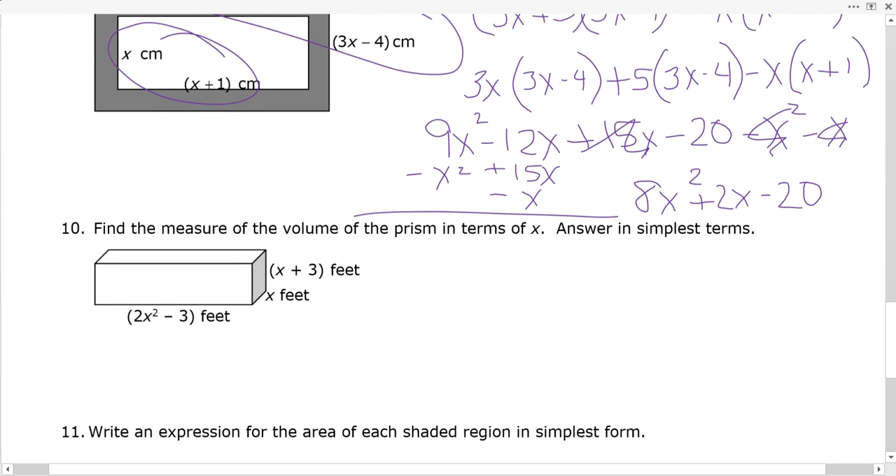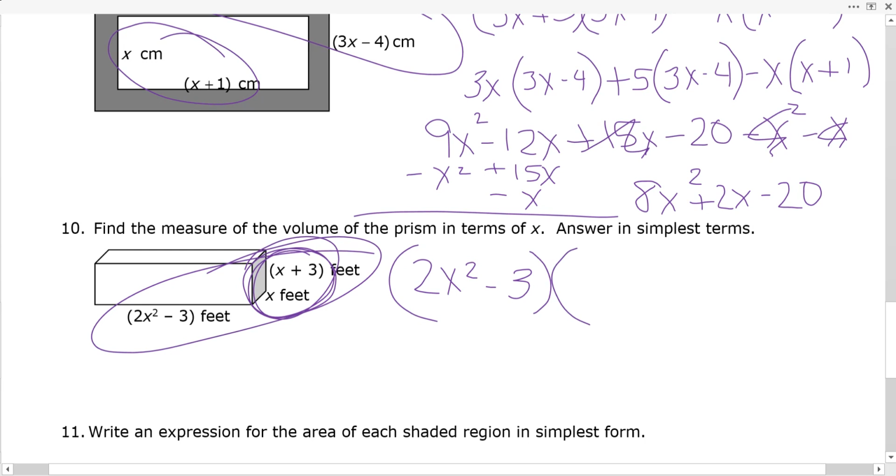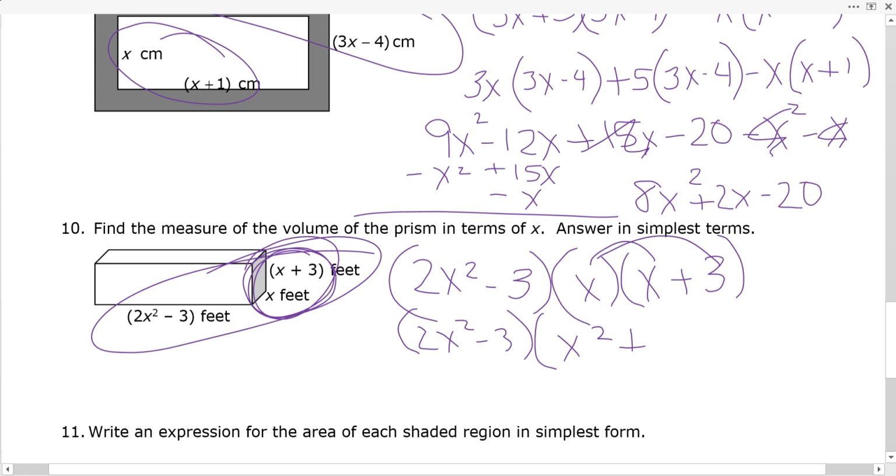Alrighty, volume, multiplying these three together. So I think what I will do is go ahead and multiply these guys. So I have 2x squared minus 3. And then I have x times, I'm going to do this, I'll write it out for you. Just trying to save steps. Okay, so I have 2x squared minus 3 times, I'm going to do this one, x squared plus 3x.